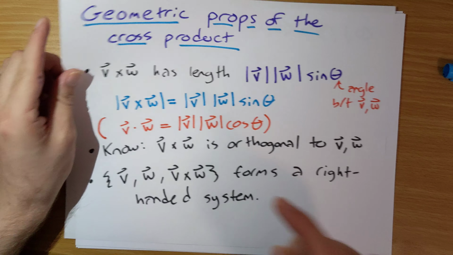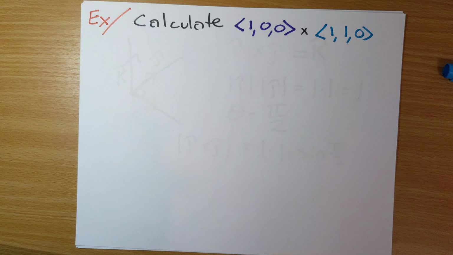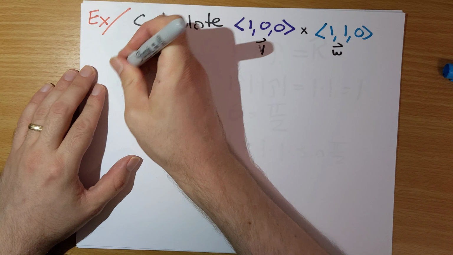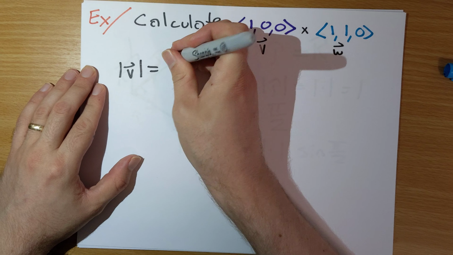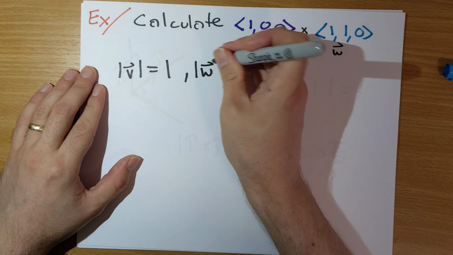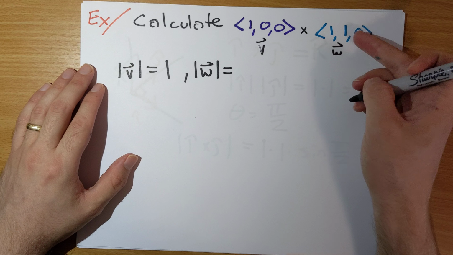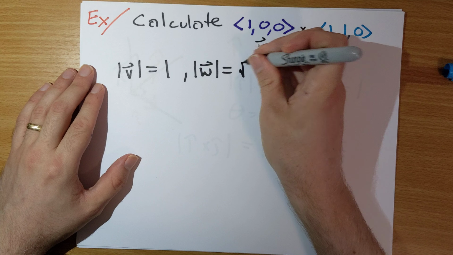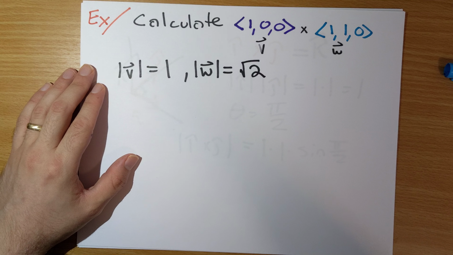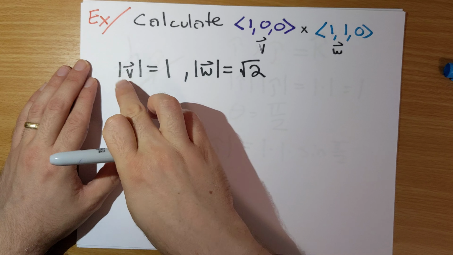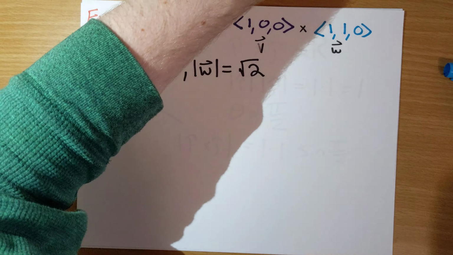So what is the length of this cross product? Well, I'm calling this v and this w here. The magnitude of v is 1. The magnitude of w is the square root of 1 squared plus 1 squared plus 0 squared. It's the square root of 2. So we have magnitude of v, magnitude of w.